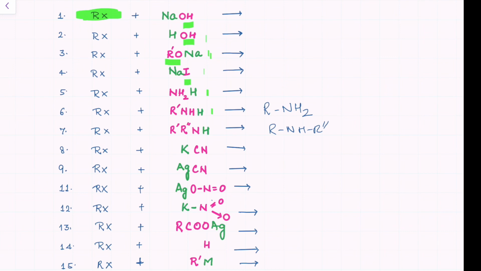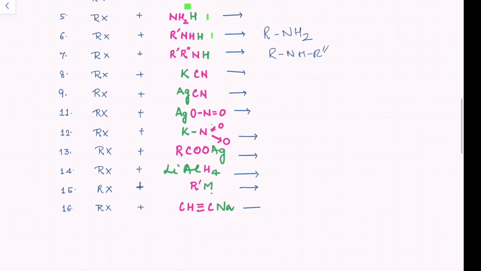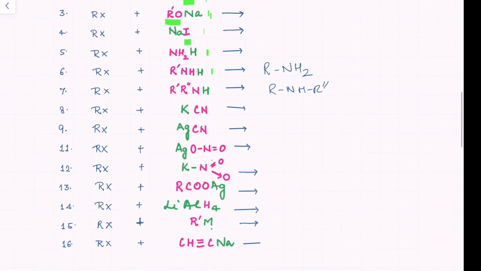In 14th, H is the nucleophilic part, with LiAlH4 as the reagent, so H is acting as the negative, nucleophilic part. In the 15th, metals reacting with the alkyl group, metal is positive and R is negative, and in the 16th we have sodium acetylide, sodium is the positive part and acetylide is the negative part.